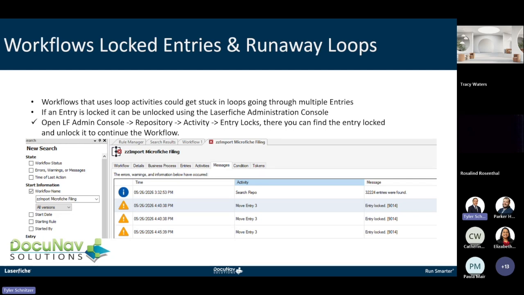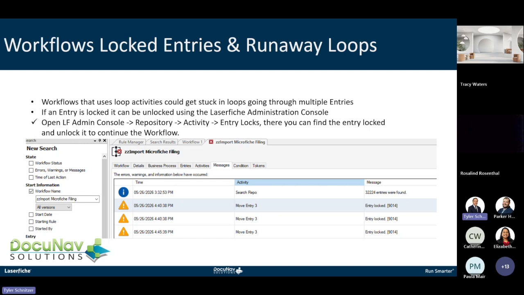You can think of workflow as an actual Laserfish user. So Laserfish users, whenever a document's being edited or altered in any way, which workflow can do, will lock the entry. As we can see here, it gives us that clear message that this entry is locked. And right now it's just running through the loop because it has to go through the loop 32,000 times because it has to go through all these folders it found.